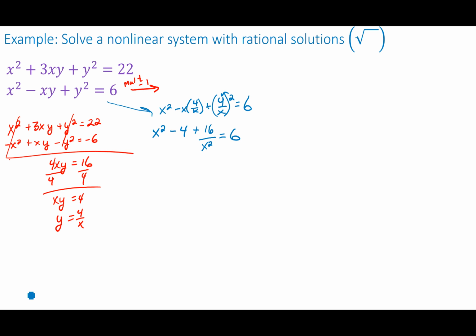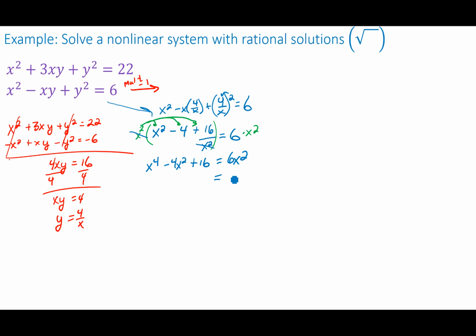We could multiply both sides by x squared to clear that fraction, multiplying this into each term. Now I end up with x to the 4th minus 4x squared plus 16, because that was the whole intent of multiplying by x squared, equals 6x squared.